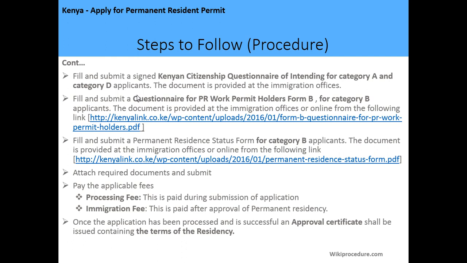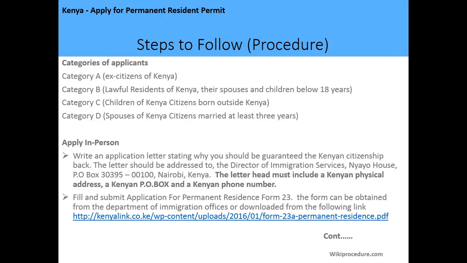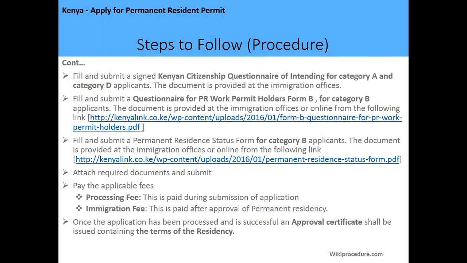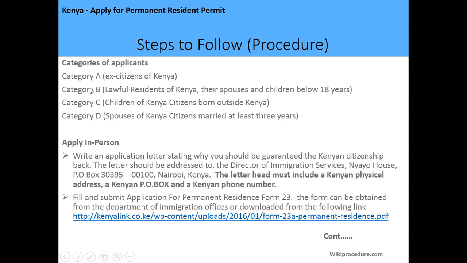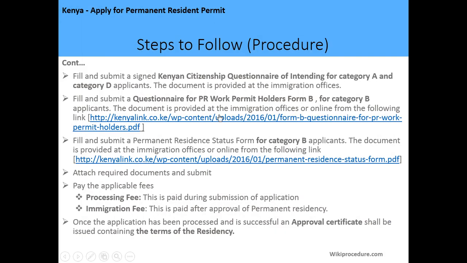This is to declare their allegiance. And from there, you're supposed to fill the questionnaire for permanent residency, work permit form B. This is for category B. And for the ones who are in Kenya and want to apply for permanent residency after being in Kenya for 7 years, they are supposed to fill in the category B, the work permit holders form.